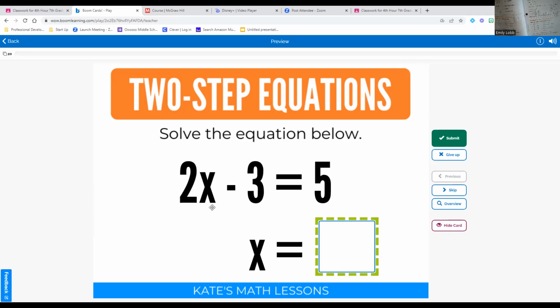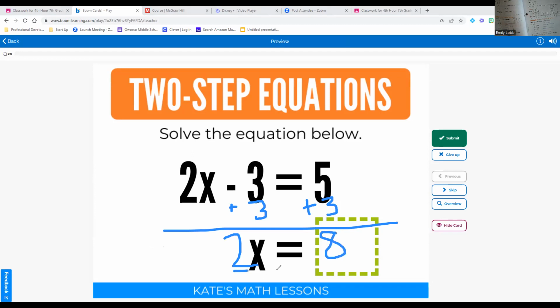So adding or subtracting, so +3 +3. I should show that, shouldn't I? Plus 3 plus 3. And that brings you to 2x is equal to 8, which then you have to divide both sides by 2. And that gives you x equals, so what would you put in this box? 4.